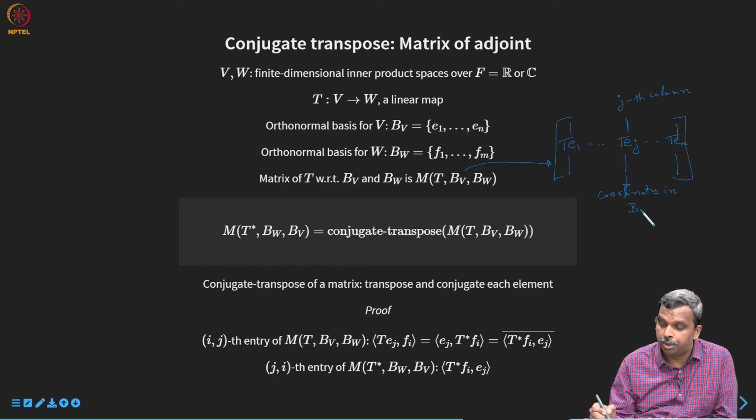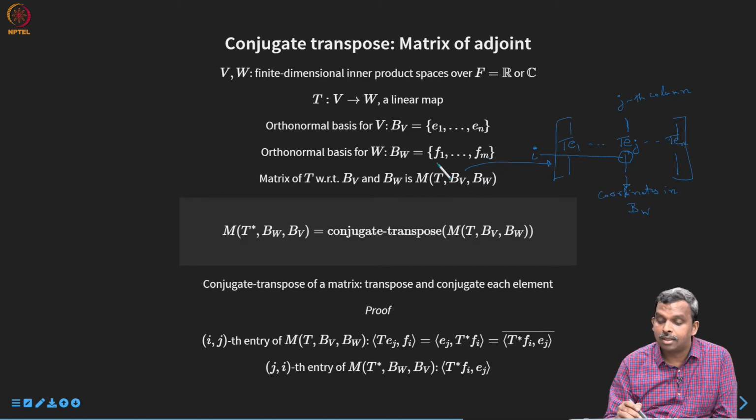In BW, right. So you find T ej and find its coordinates in the basis BW and write it as the jth column. So what will be the ith entry? Remember, if the ith row were here, what will be the ith entry here? It's the coordinate of T ej for fi, isn't it?